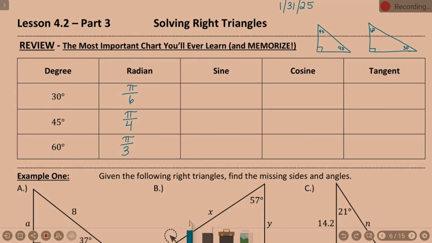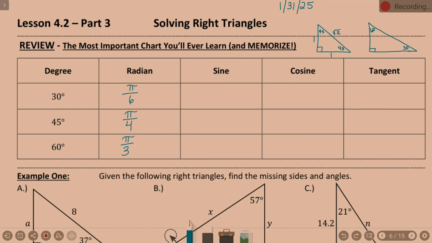In order to do sine of 30, if you don't have this chart memorized yet, which I don't expect, you have to know the triangles. On a 45, 45, 90, it's 1, 1, and then square root of 2. Your legs are equal, so we use ones to represent them. The hypotenuse is square root of 2 times the length of the legs.